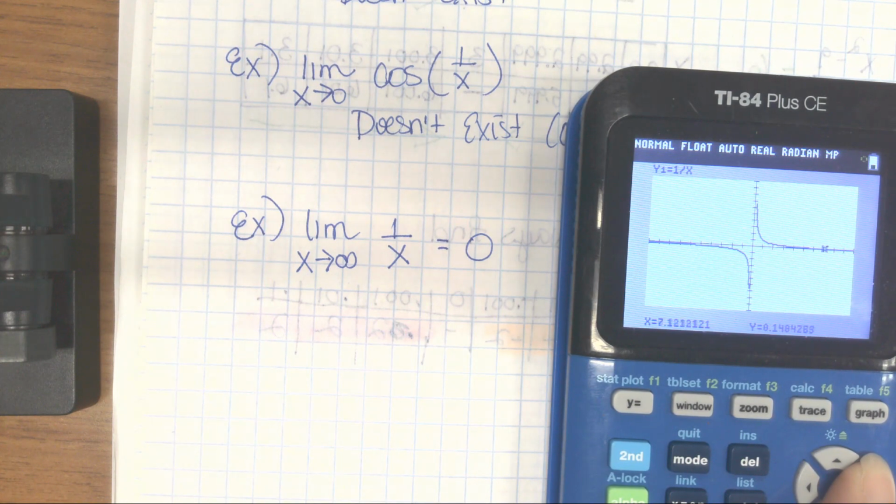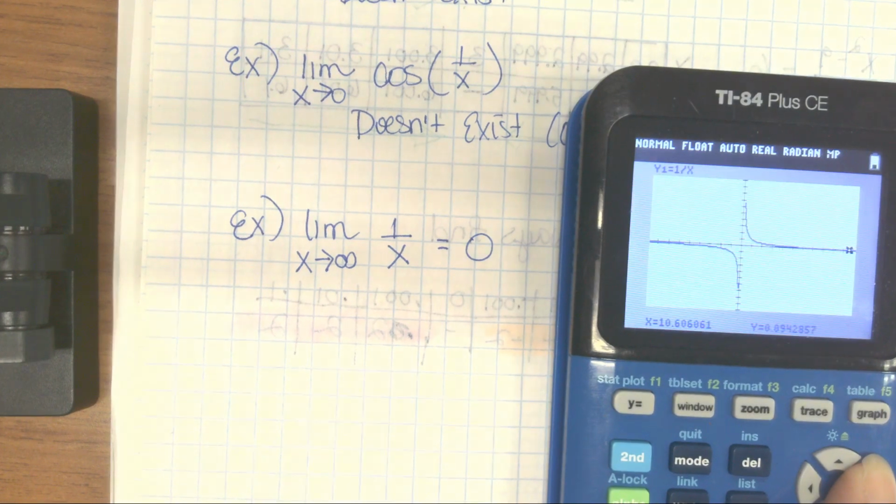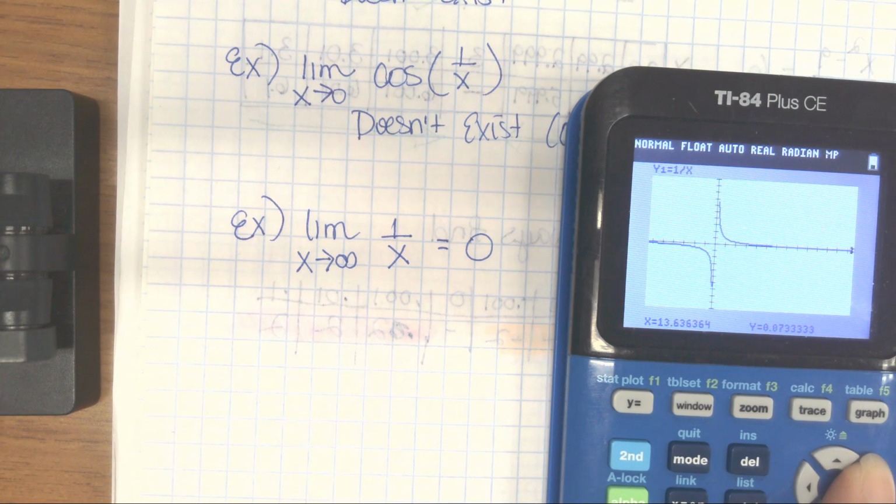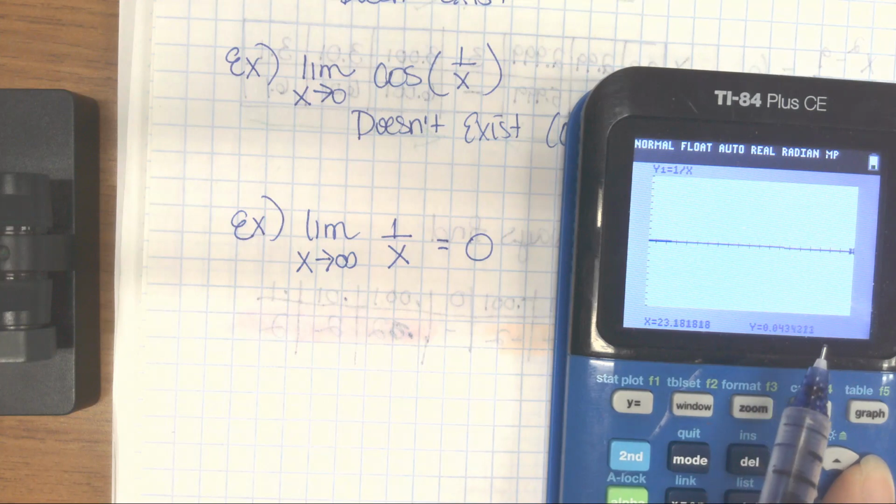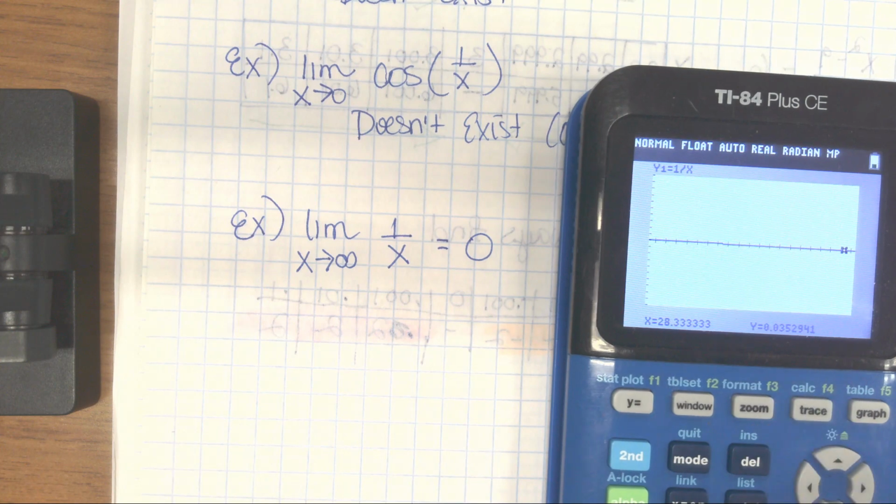Right now I'm making x approach infinity. It's going to go off the screen in a little, but my screen moves. Do you see this number's getting smaller and smaller? We call that end behavior because it's at the ends of the function, but it approaches 0. And generally, no matter what, if the power on the bottom is bigger than the power on the top, the whole thing is going to be approaching 0.